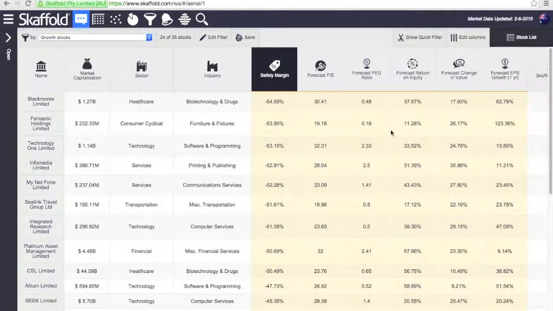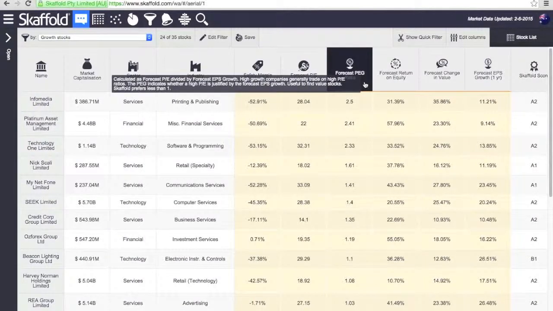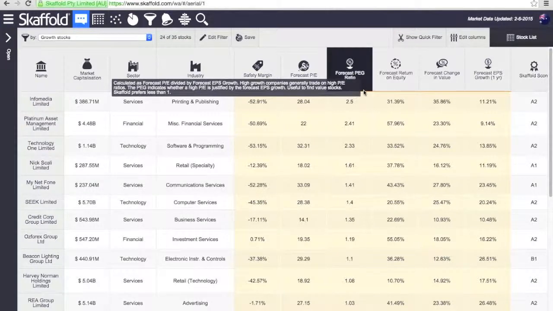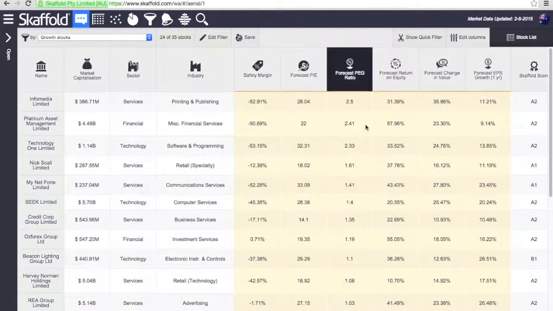Now, this other number here, you may or may not be familiar with, is the forecast PEG ratio. It's a measure of value for growth stocks. The way it works is you take the forecast PE ratio and you divide it by the amount of earnings growth, and what you're looking for there is a number less than 1.